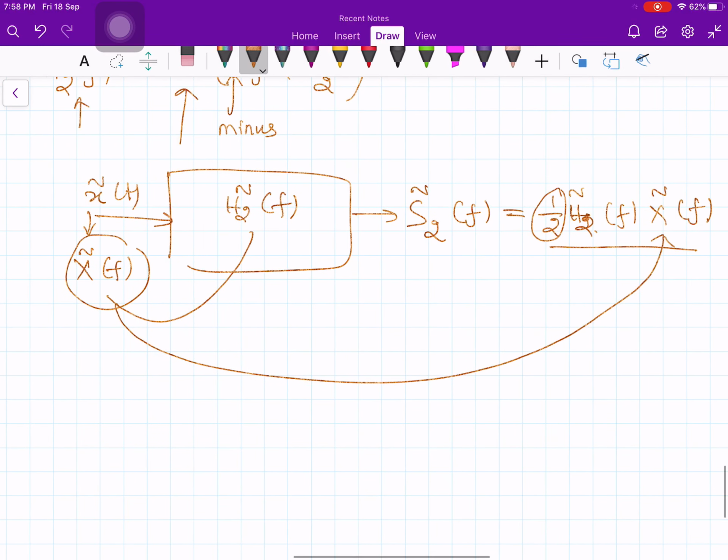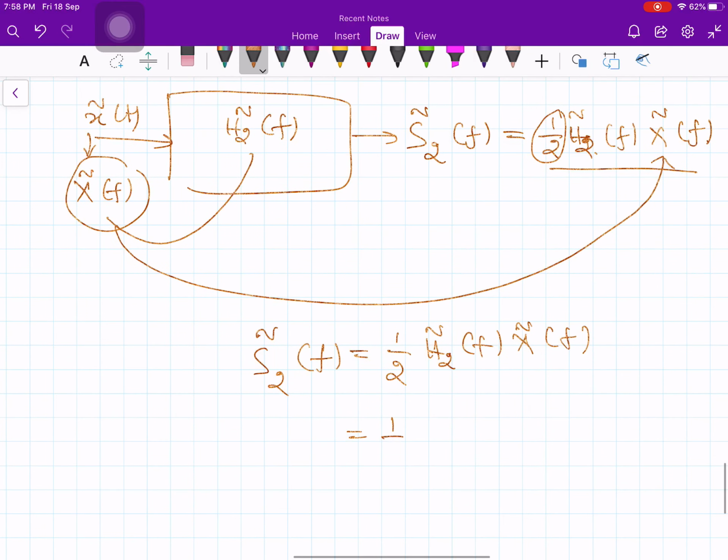Okay, therefore s2 tilde of f is equal to 1 by 2 h2 tilde of f times x tilde of f. So this is 1 by 2 h2 tilde of f is h1 tilde of minus f times x tilde of f.